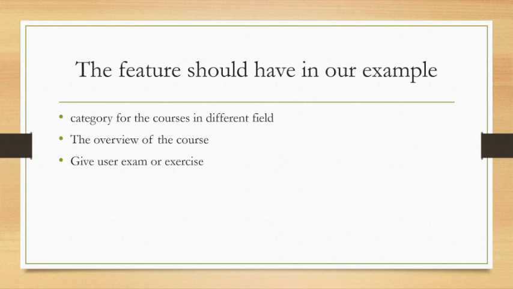Second, make an overview of the course, so this can help the user know the course very well before taking it. Lastly, give users examples of exercises to ensure the user can memorize it after they finish the course.